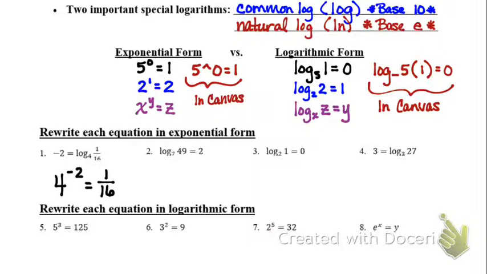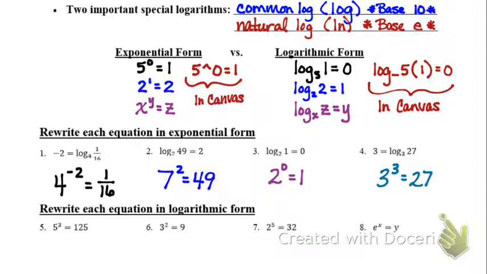What about number 2? 7 squared equals 49. Number 3? 2 to the 0 equals 1. And number 4? 3 to the third equals 27. Beautiful.